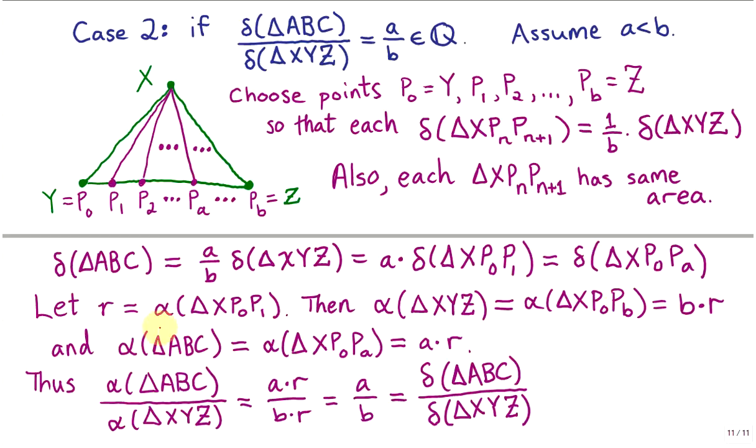Now the area of one of these triangles, let's call that R. So R is the area of triangle X, P0, P1.